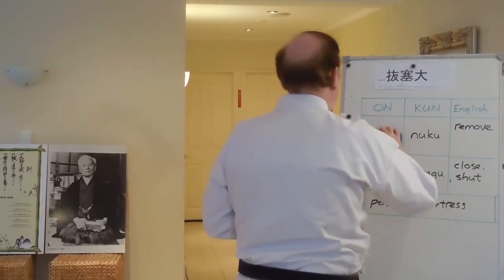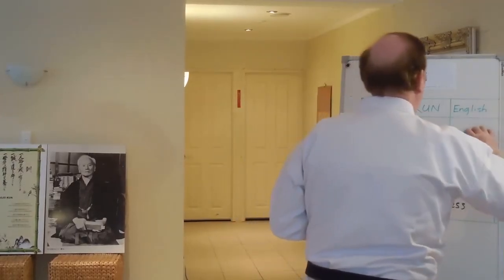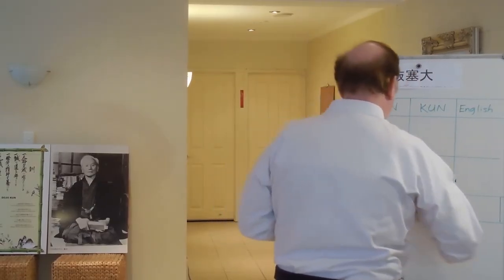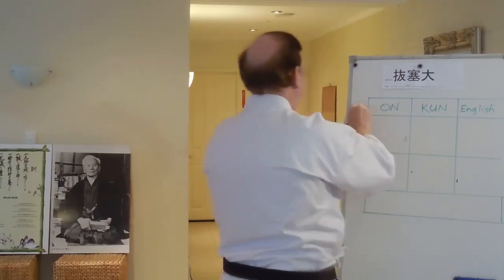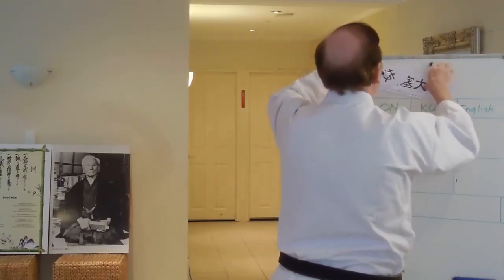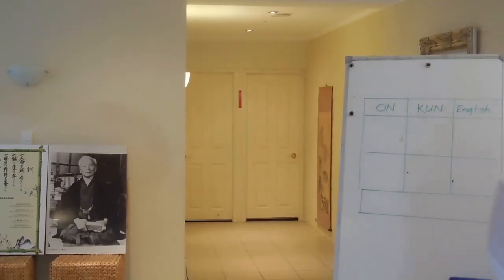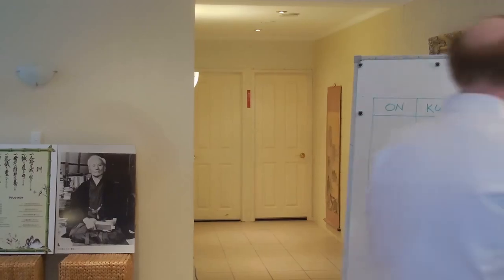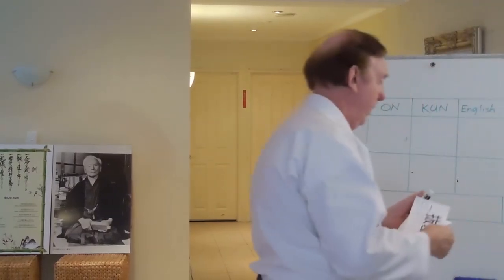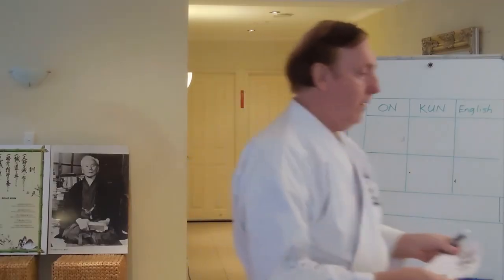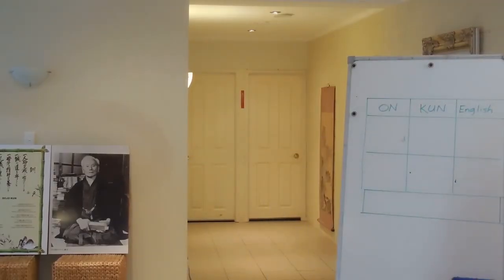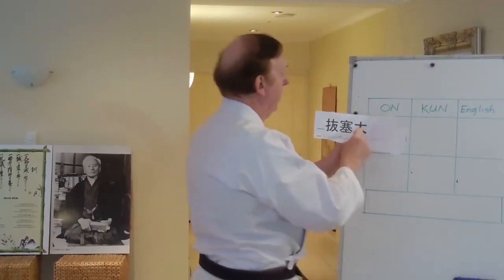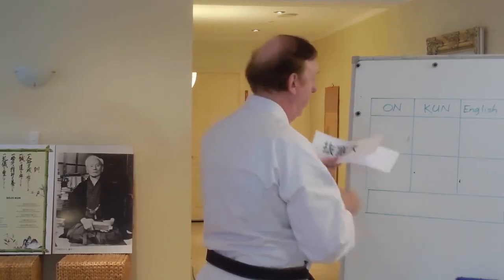So, we can go on to the next one. Just take those two down. And we come to the next one, which is, oh, well, actually, sorry there, just to put another point in there which I didn't mention, is that we've got two kanji here. As you can see on this one, this is Bassai Dai.